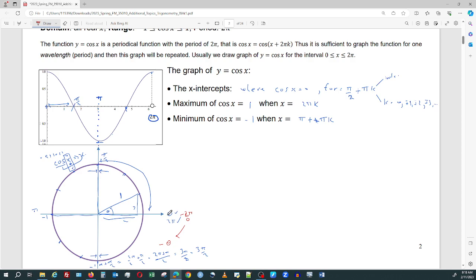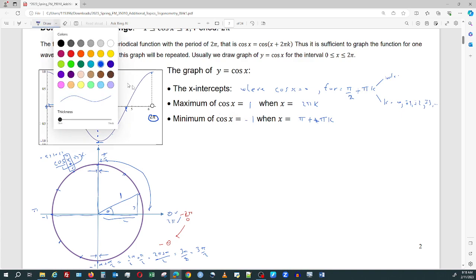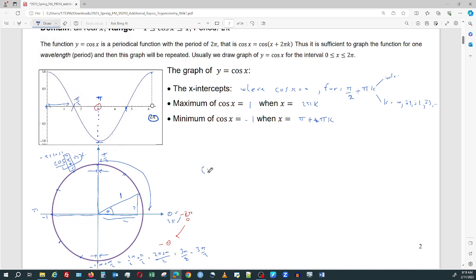And the important thing about that is that if we take a look at what happens at pi from a positive point of view and a negative point of view, we can see that cos pi is asking what's the value of x at pi.